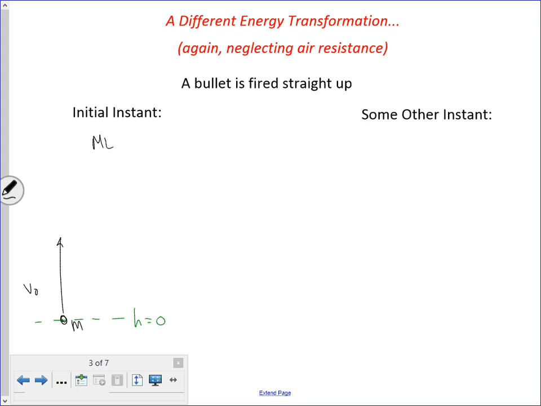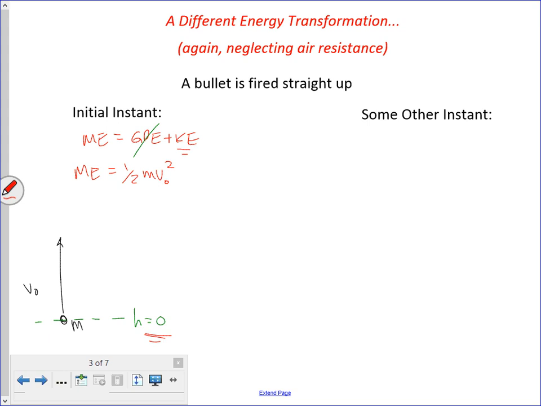So the total mechanical energy in the beginning, the sum of GPE and KE, with height 0, is just 1/2 mv naught squared. Right? That's the kinetic energy.